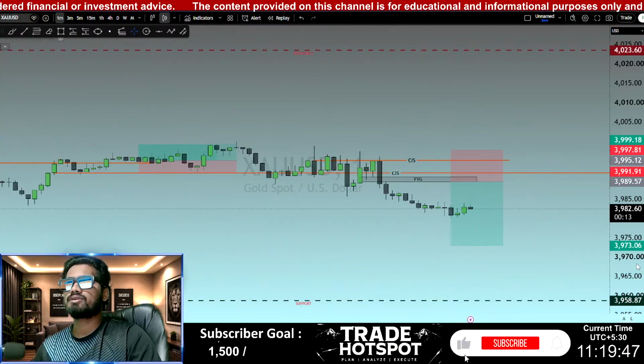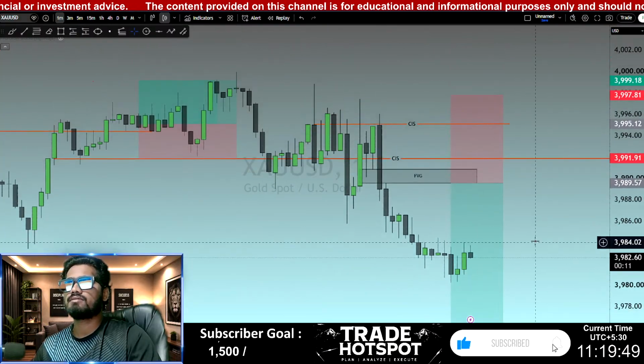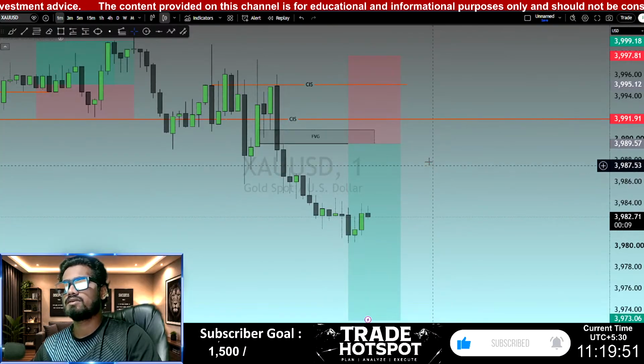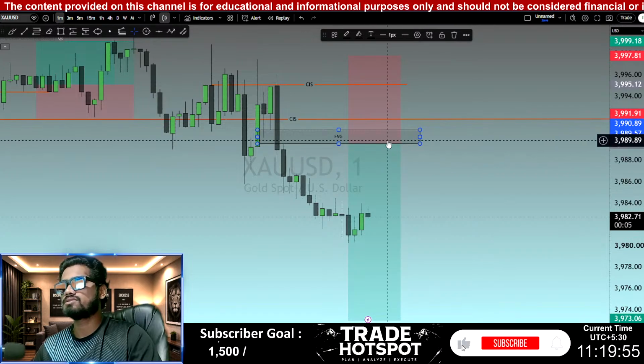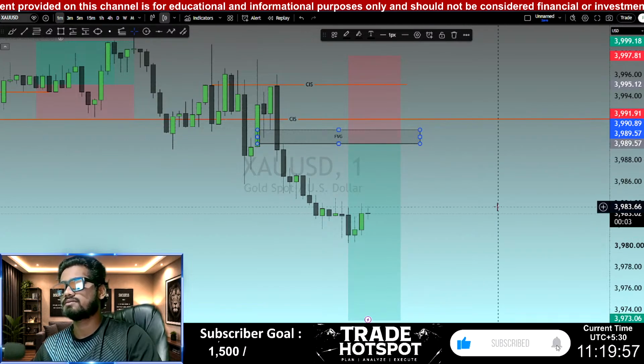Gold is trying to retrace here. It should have to come to this level at least.